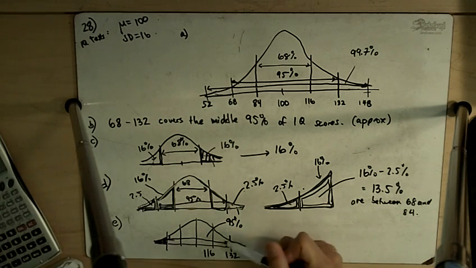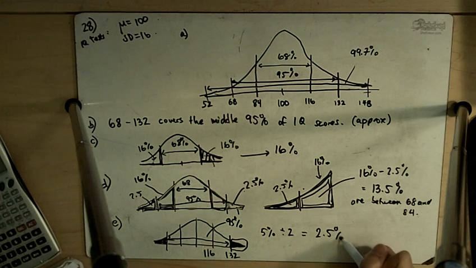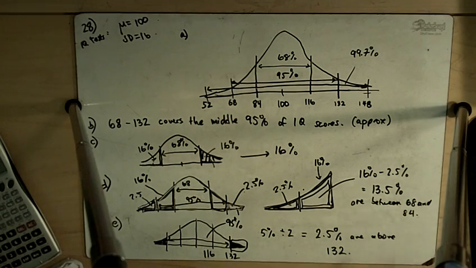Because it's perfectly symmetric, if we just want to know one side of the tail, we take that remaining 5% and divide by 2, and we have 2.5% in the upper tail. So 2.5% are above 132.